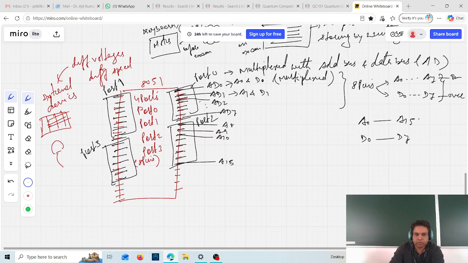These are called the higher order bus, and A0 to A7 is called the lower order bus.